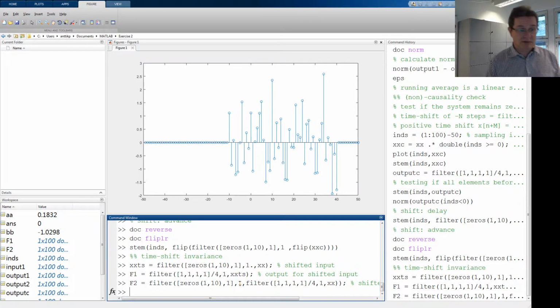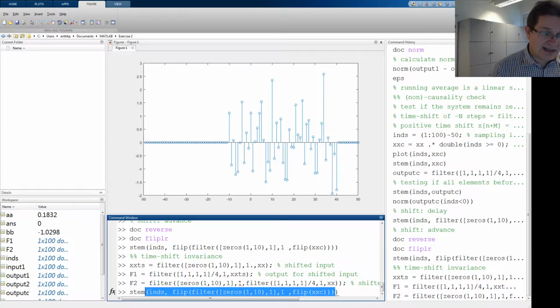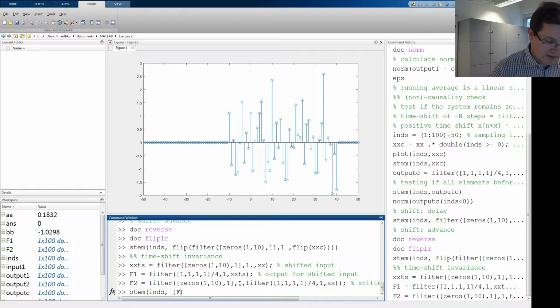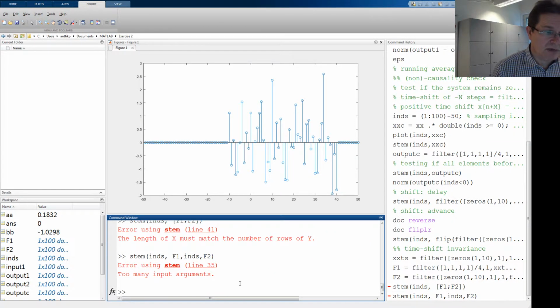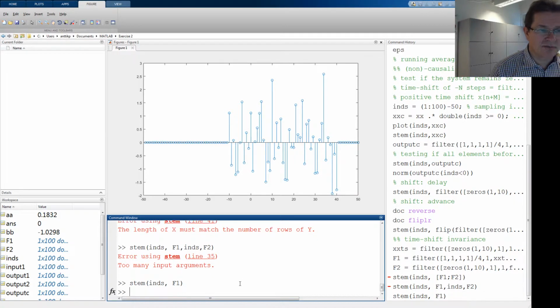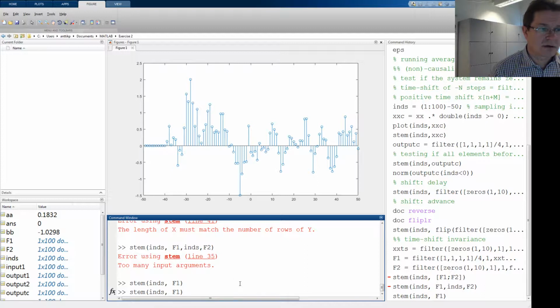Maybe, maybe not. Well, I can actually stem these. Does it go like this? Maybe. No. I need to use the plot, but anyways, that's the first one.